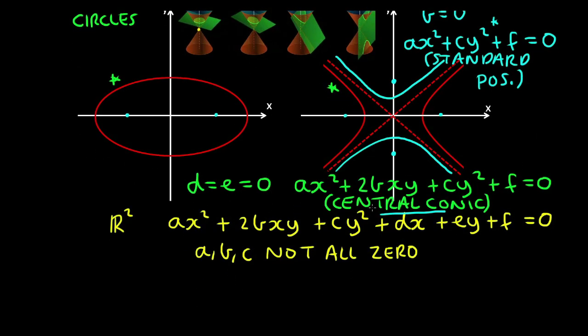So we can write our central conics in the following form, being x transpose by a matrix A by the vector x is equal to R. We're taking f to the right hand side, gives R is equal to minus f.